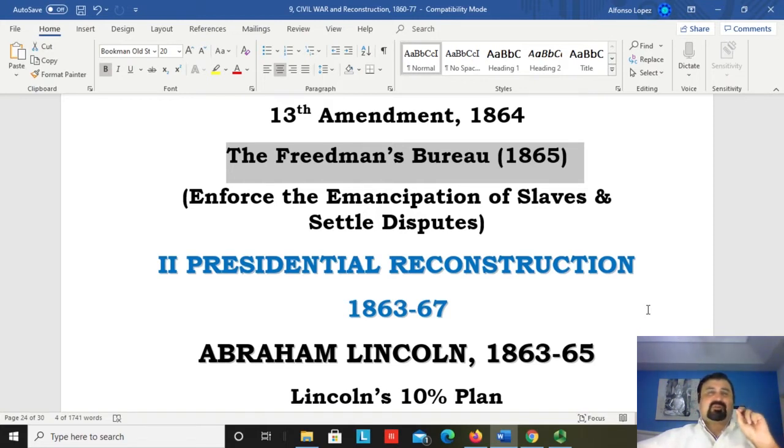Republicans in Congress created an agency that is going to be instrumental for the process of Reconstruction, and that agency was called the Freedmen's Bureau. This is an extension of the Union Army that is going to carry out certain work in the South in the coming years.